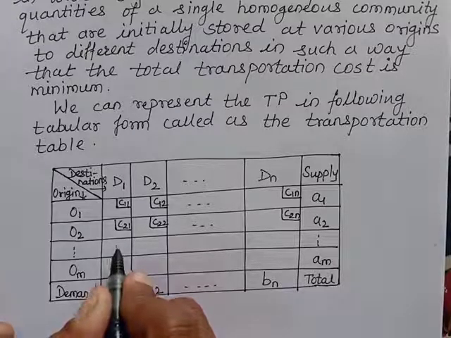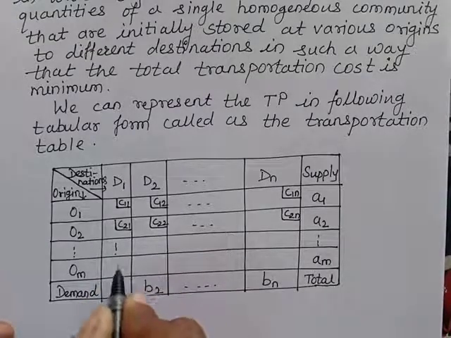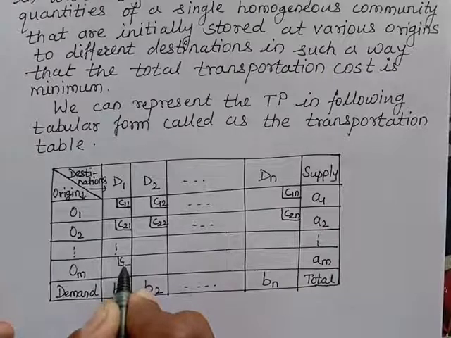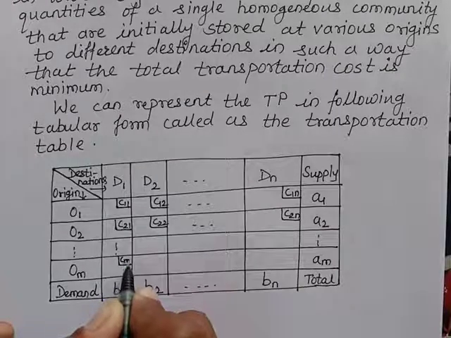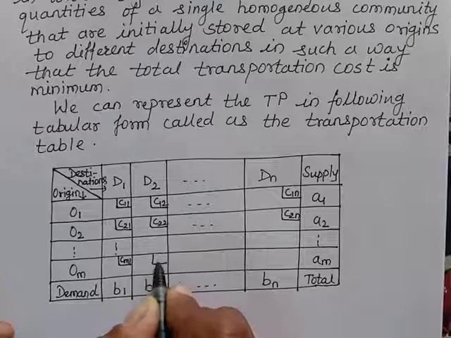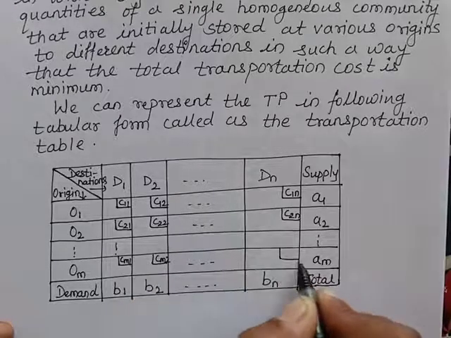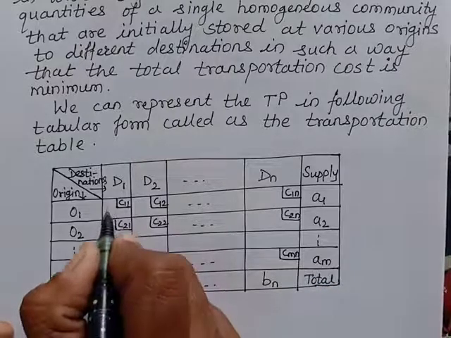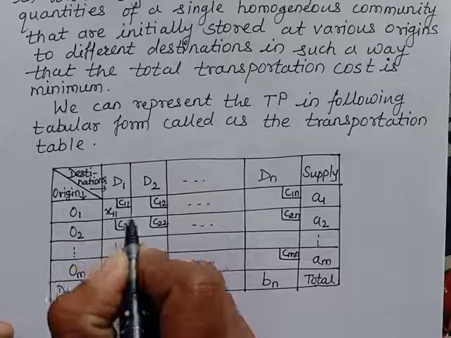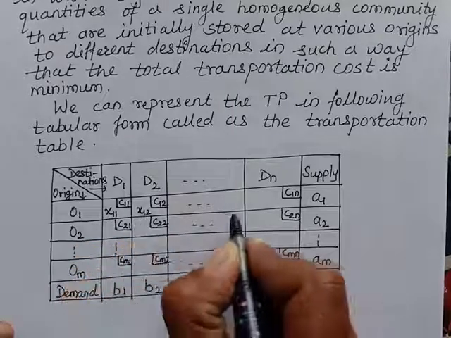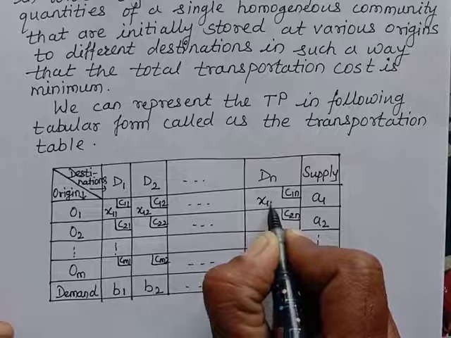Again here this is Cm1, this is Cm2 and so on up to this is Cmn. Here the variable is X11, X12 and X1n.